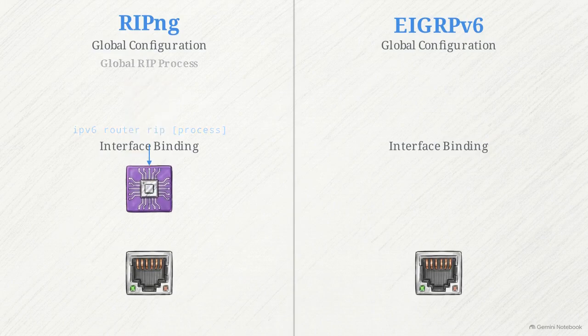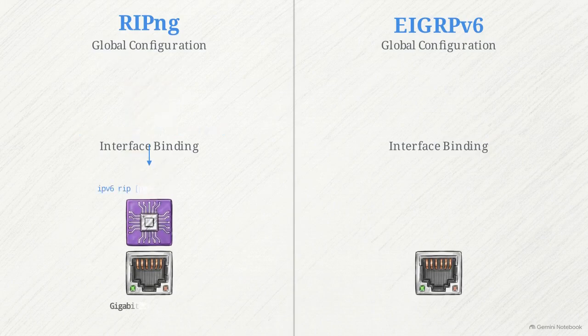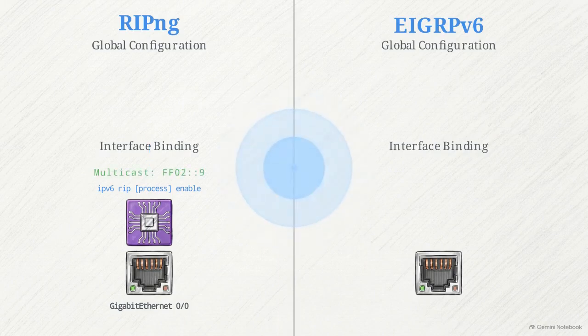The actual activation happens in step 2, as the RIP process attaches directly to a specific router interface. Once bound to the interface, RIP-NG begins transmitting its routing updates out onto the wire via its dedicated IPv6 multicast address, FF02::9.